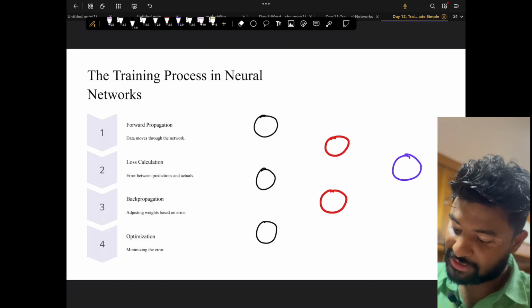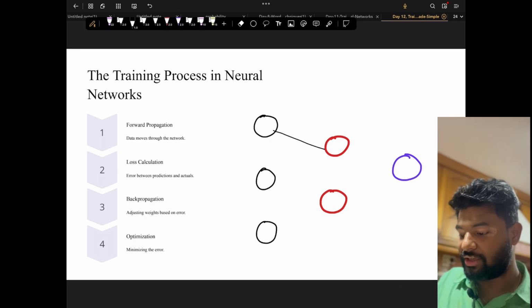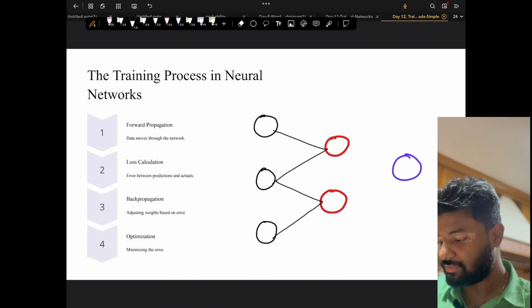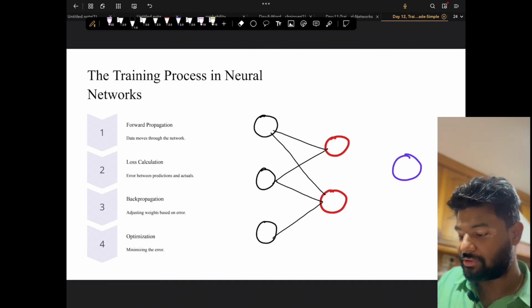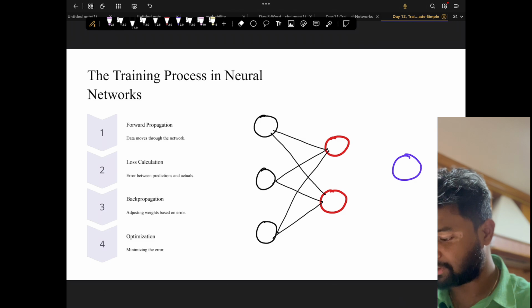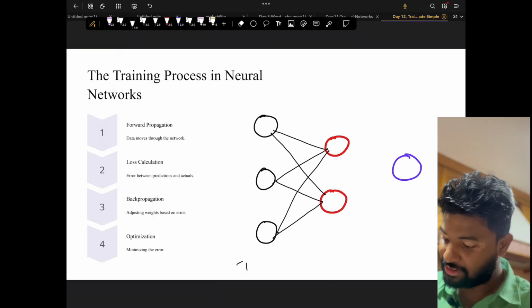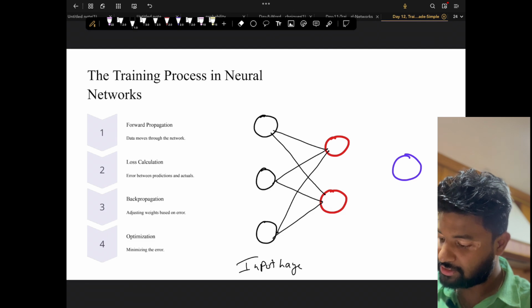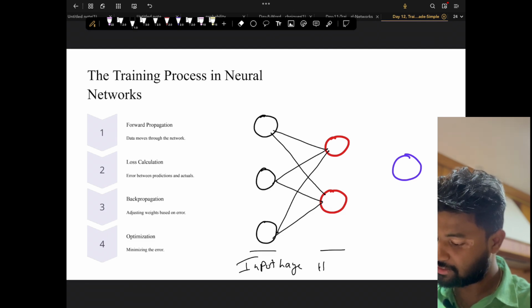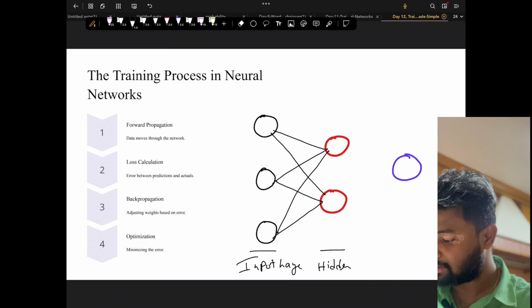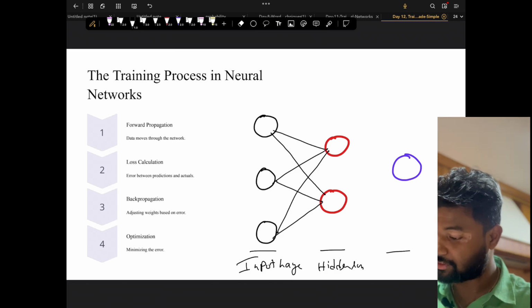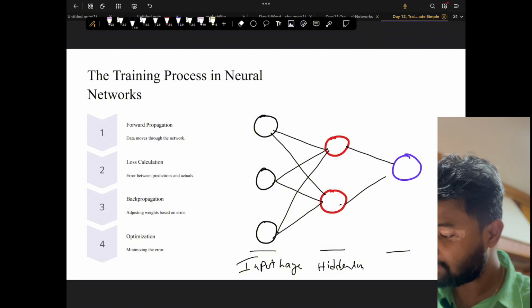So what happens theoretically? All neurons are interconnected to each other. So this would be connected to this, and this would also be connected to this. This is nothing but your input layer. This area is called the hidden layer. This area is called the output layer.